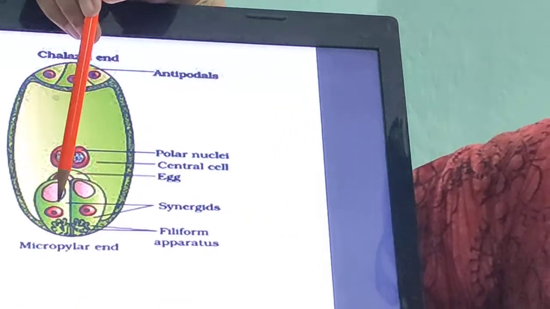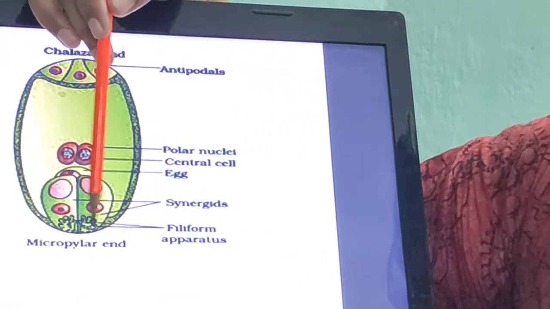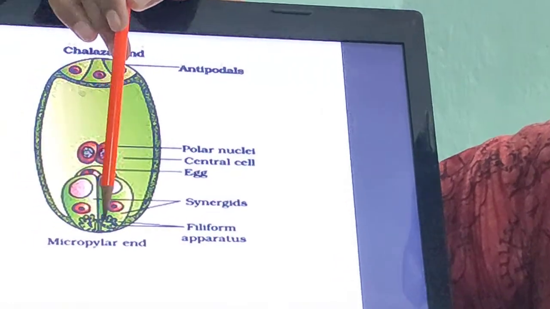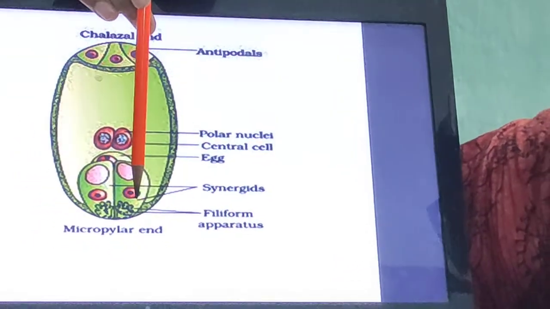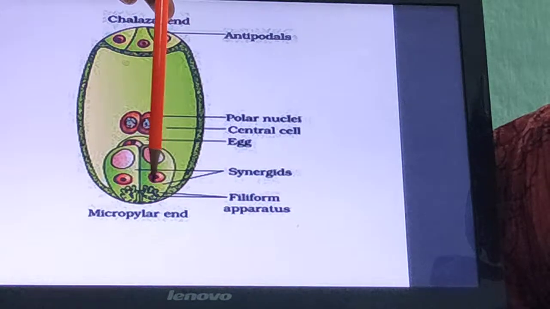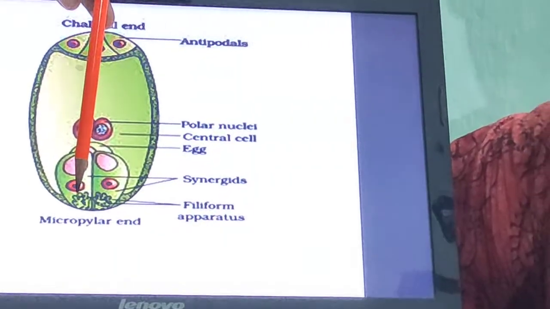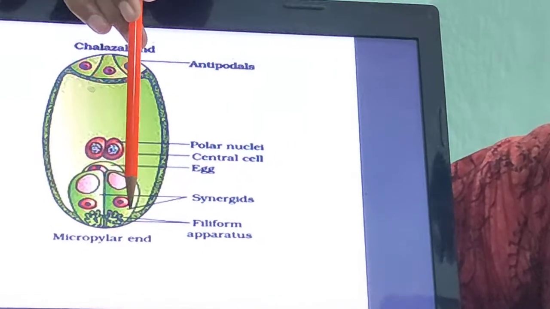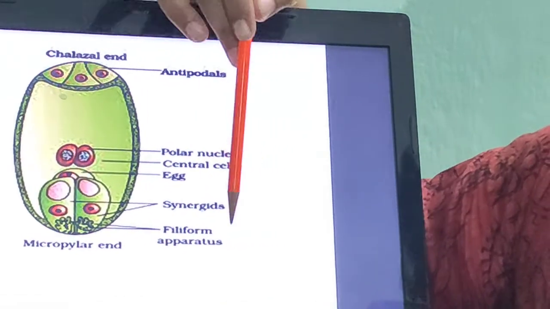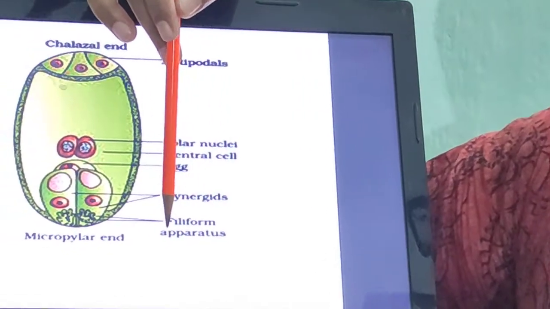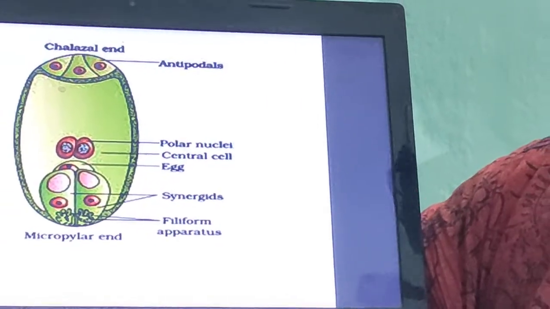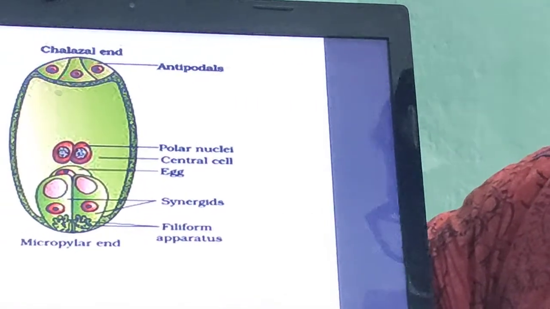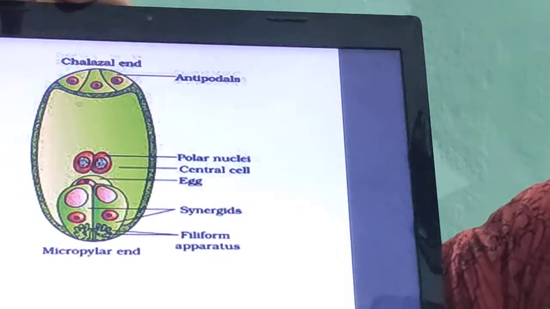These 2 synergids at the micropylar end have a cellular thickening which appears as finger-like projections. Right? This cellular thickening is known as the filiform apparatus. How are these filiform apparatus important? Why are they present here?